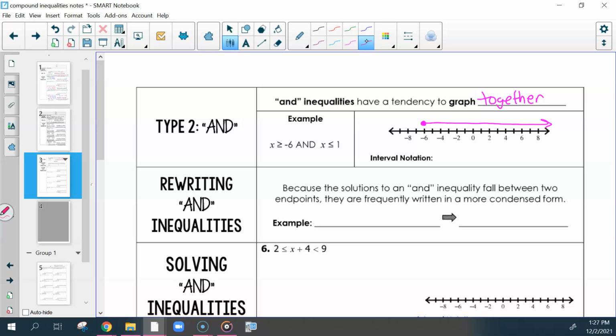The second one, x is less than or equal to 1, would be a closed circle at 1 going to the left. Because these are and inequalities, we're looking for where they both overlap or where both of them apply. And that would really just be from here to this point and everything in the middle.